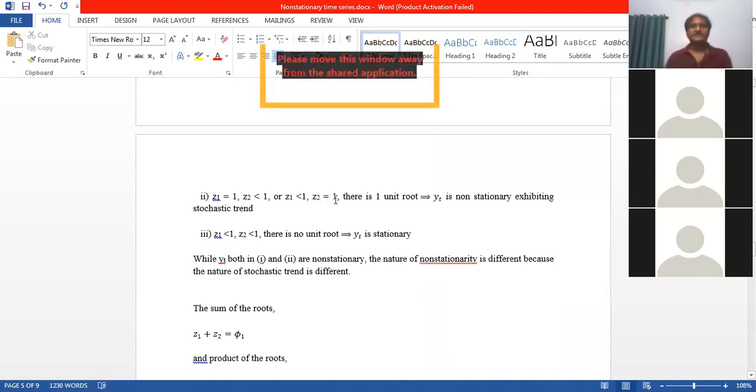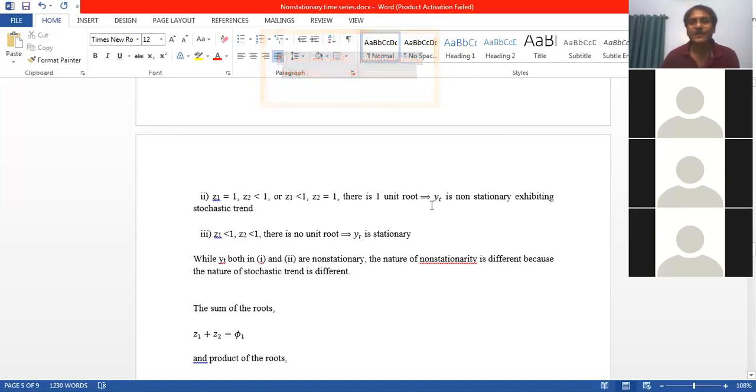In other words, out of the two roots, one root is equal to 1, another root less than 1. If this is the case, the series Yt will contain one unit root. And still, Yt will be non-stationary, exhibiting stochastic trend, because it contains one unit root.